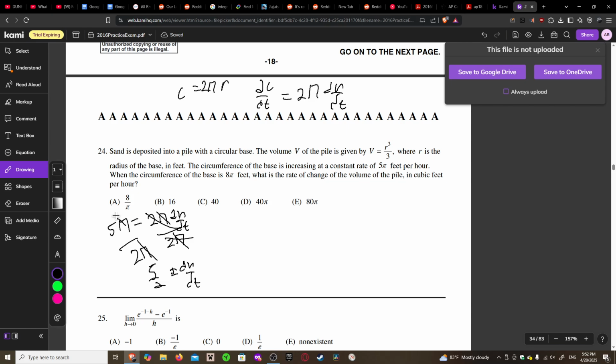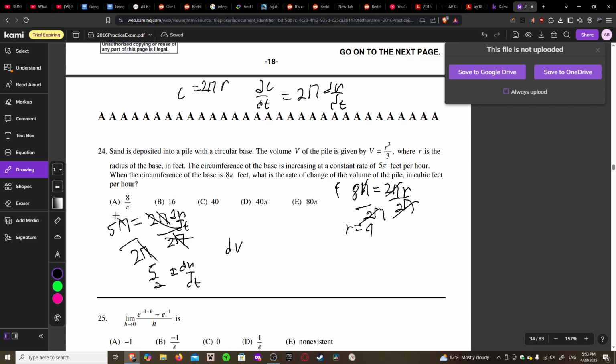What is the rate of change? Really similar thing. 8 pi is equal to 2 pi r, this and this cancel, this becomes 4, so r equals 4.